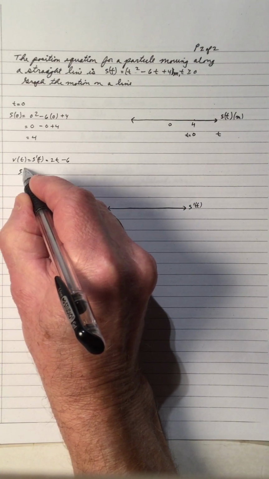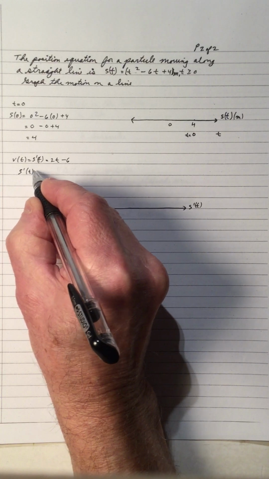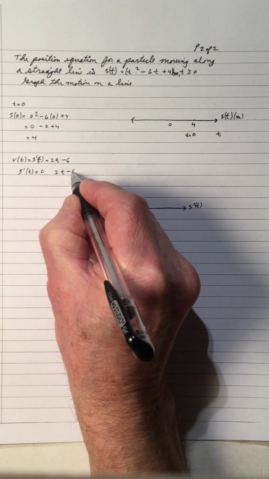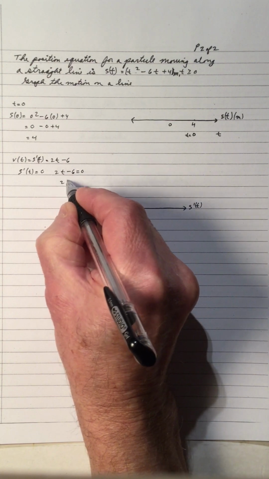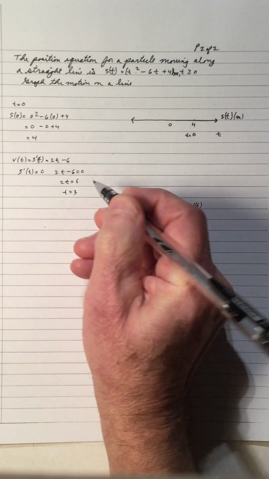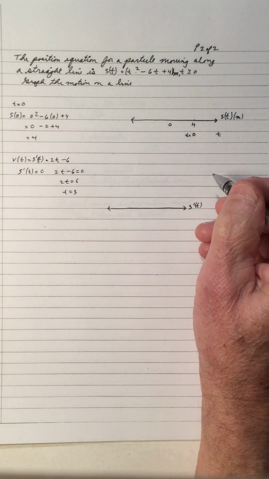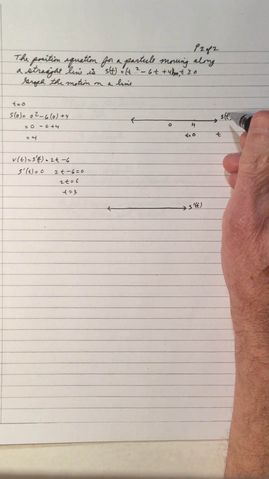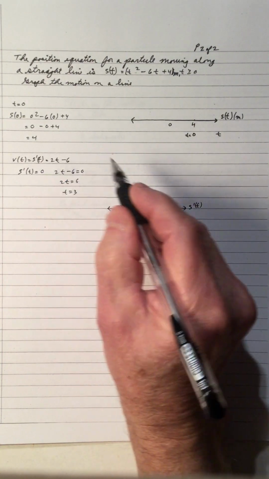If the velocity, s prime of t, is equal to 0, that means 2t minus 6 equals 0, so 2t is equal to 6, and t is 3. So at 3 seconds, your object is stopped because the velocity is 0.